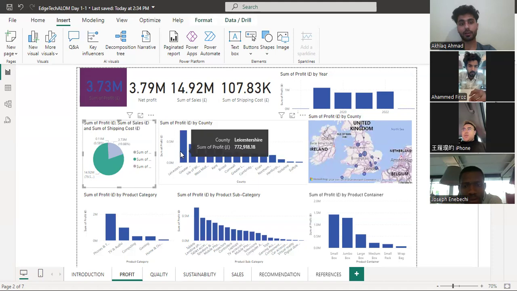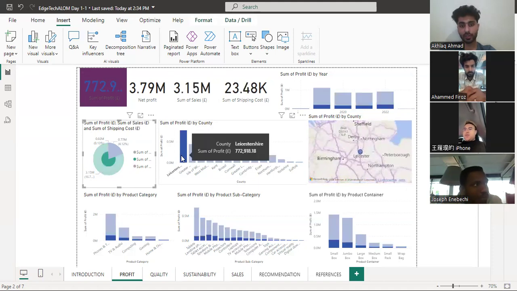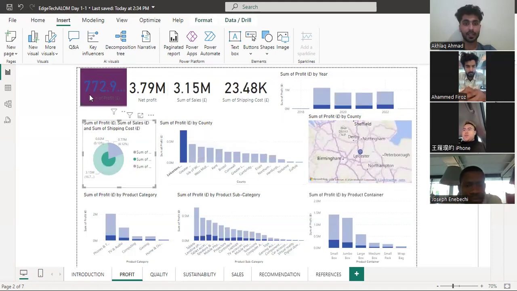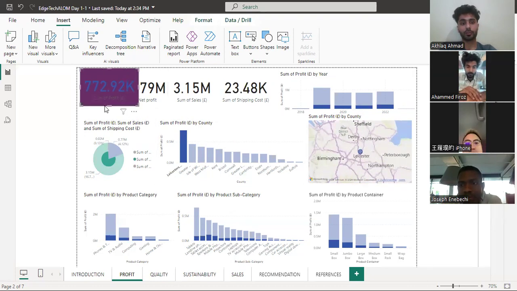If we just click on this, we can see 772.9K sum of profit for this one. And the least is for this one. You can see Leicester is located in the map here.